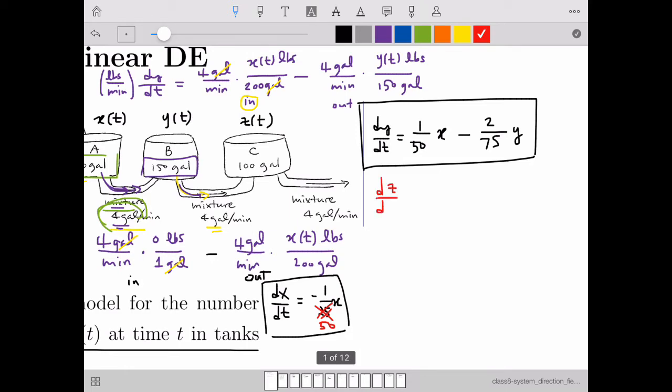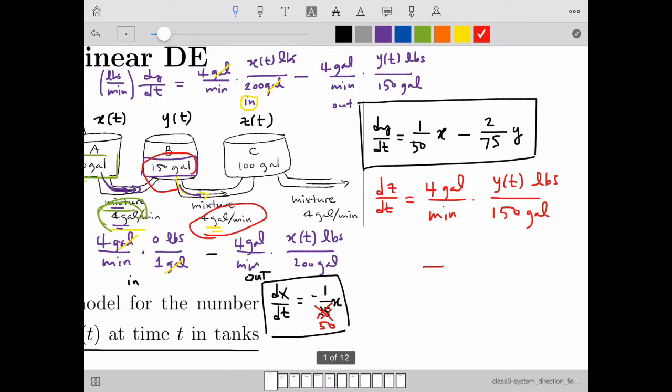And for z, let's do a similar thing. For dz/dt, the rate in comes at 4 gallons per minute from tank B, which has 150 gallons with y(t) pounds of salt. What goes out is 4 gallons per minute times how many gallons?